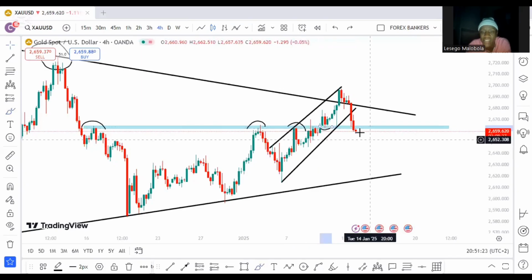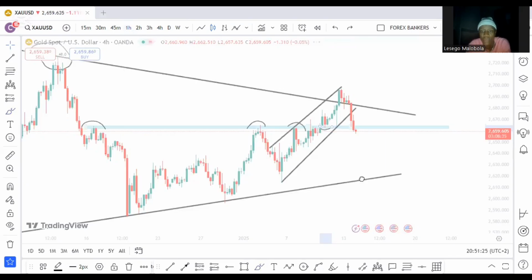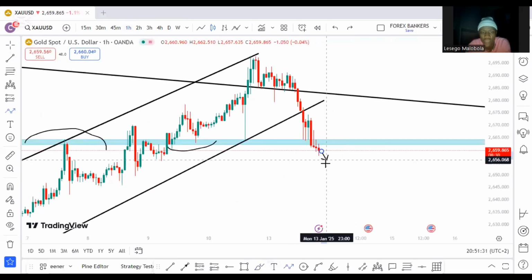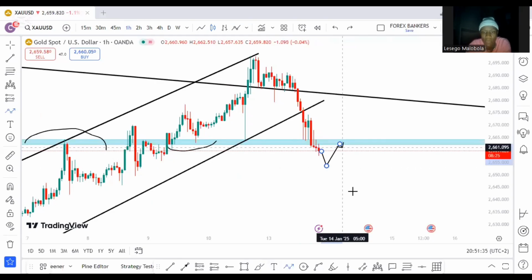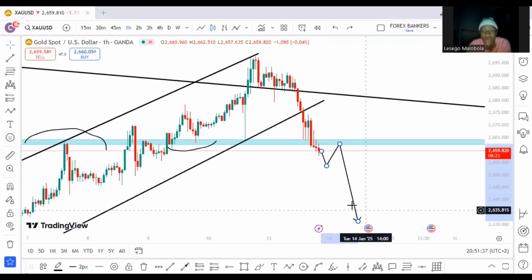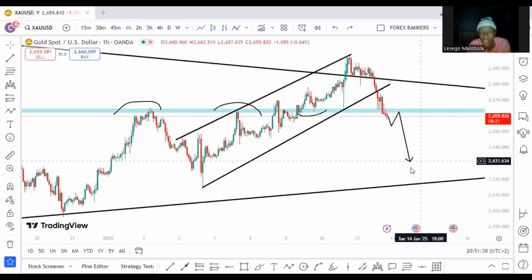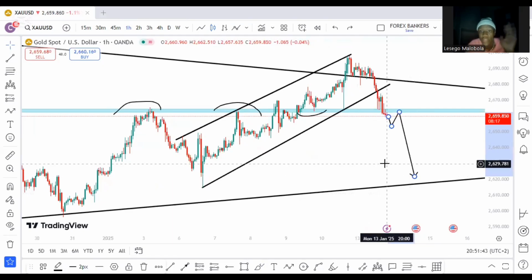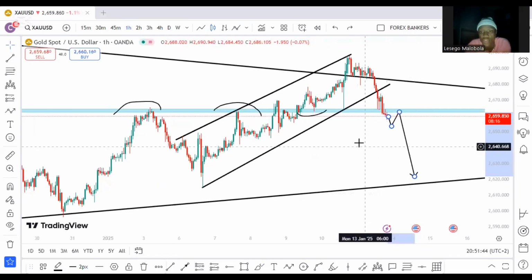So price is currently below this resistance, and what I'm waiting for is gold to maybe push further down and give us a proper retest, and maybe tomorrow we might find proper entries on gold, because it's looking really good for sells. I'm not gonna lie, gold is looking really clean for selling opportunities.